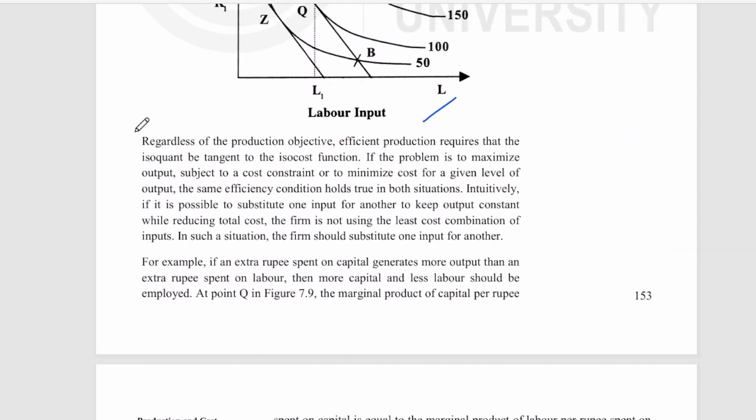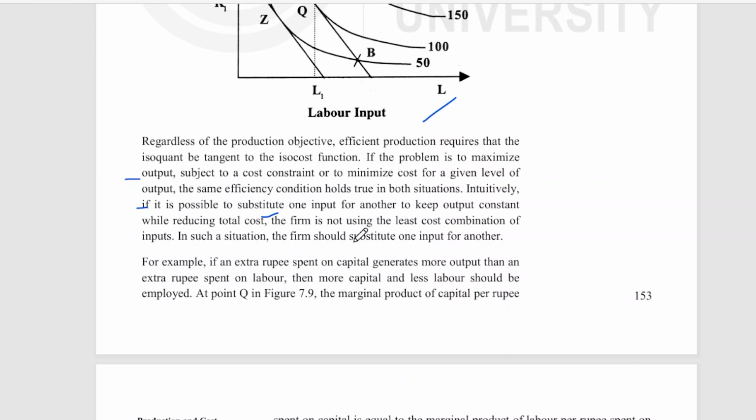Regardless of the production objective, efficient production requires that the isoquant be tangent to the isocost function. If the problem is to maximize output subject to a cost constraint or to minimize cost for a given level of output, the same efficiency condition holds true in both situations. So intuitively, if it is possible to substitute one input for another to keep output constant while reducing total cost, the firm is not using the least cost combination of inputs.